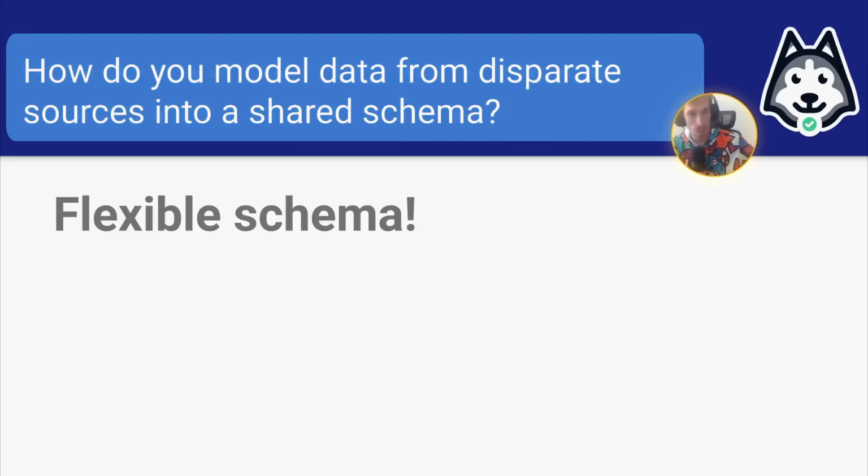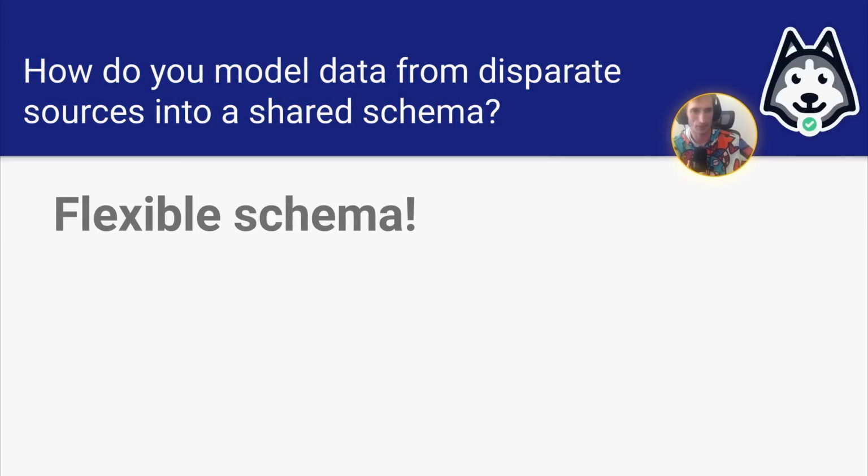It's tricky. The main way you do this is with what I call a flexible schema, because you don't want to bring in all the columns from all 40 tables and have one table with 500 columns where most of them are null all the time. That's not a very usable table, and you don't want to work with stuff that way.